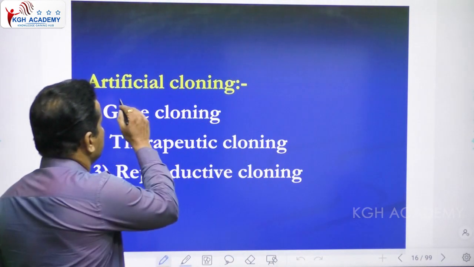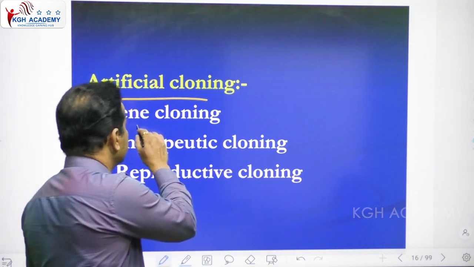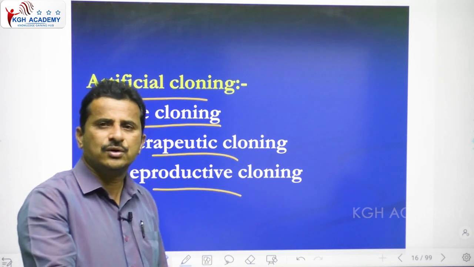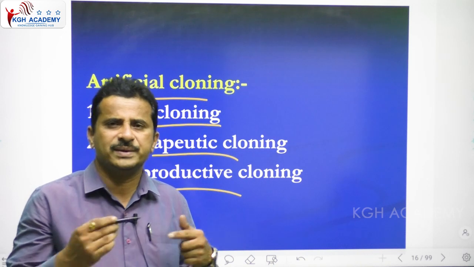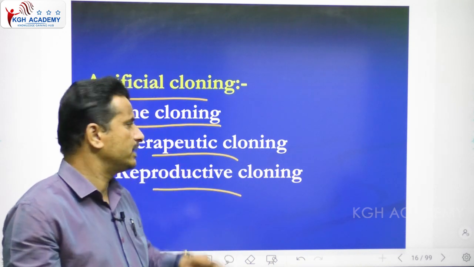So next, artificial cloning. Artificial cloning has different types: gene cloning, therapeutic cloning, reproductive cloning. Producing the same gene copies, DNA copies, hundreds, thousands, lakhs, is called gene cloning.